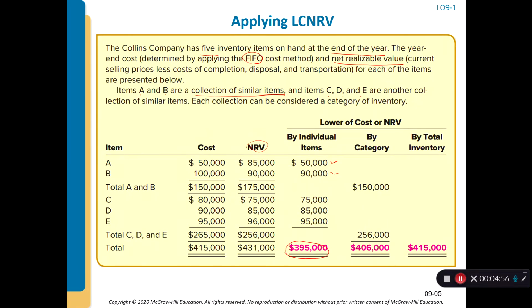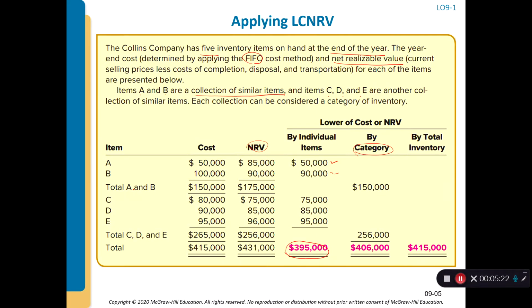You can also do this by category. You don't have to compare individual items. If you feel that A and B, and C, D, E are similar, you can group them together as a category to measure whether cost or NRV is lower. Total A and B is 150 at cost and NRV is 175.